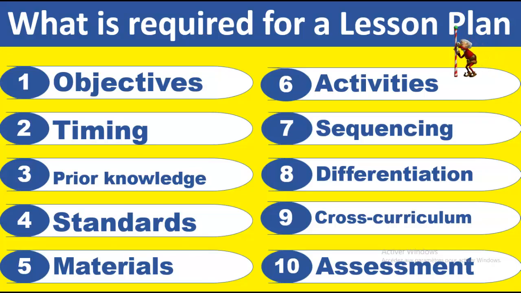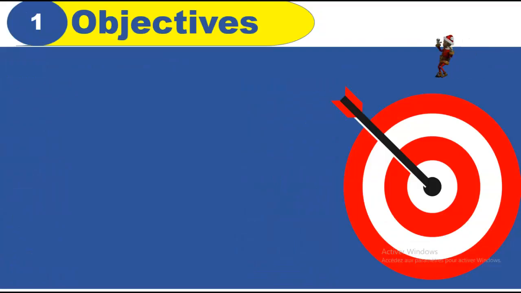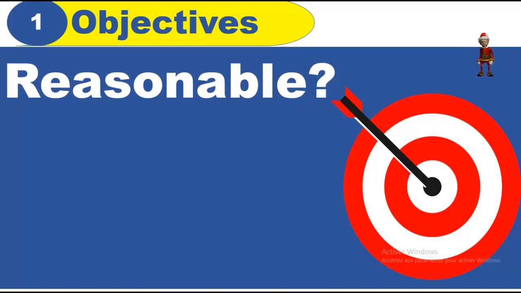Number 1, objectives. When planning a lesson, bear in mind that you must set some objectives. Each lesson has objectives. Ask yourself the following questions. Are my objectives reasonable? Are my objectives doable?